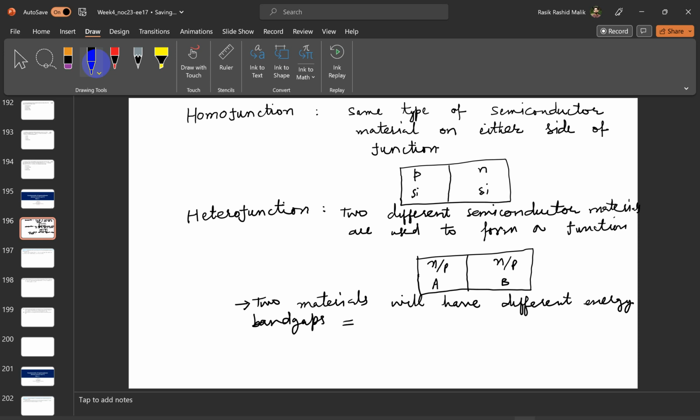So if material A and material B have different energy band gaps, there will be energy band discontinuity at the junction interface.